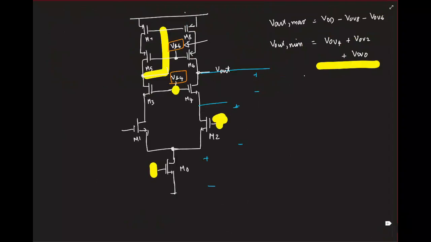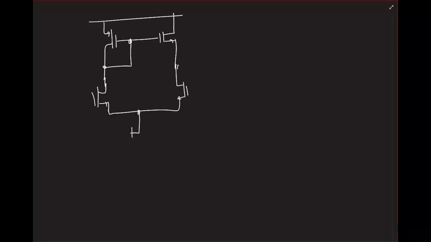So, just a quick exercise then. Let's say when we had this 5 transistor op amp, if I label this M1, can you tell me what will be the maximum output?